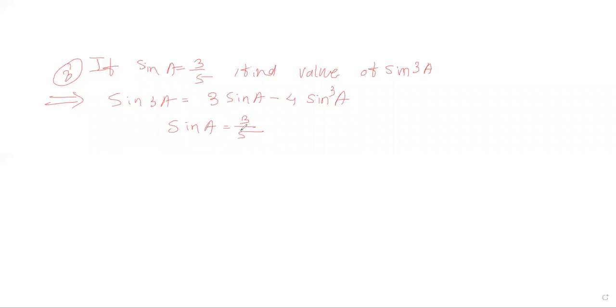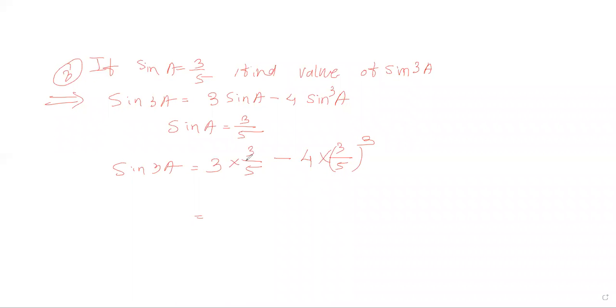Now put in the value of sin A. So sin 3A is equal to 3 as it is, and sin A is 3 by 5, so we are putting in the value of sin A. Then minus 4 times sin cube A, which means 3 by 5 cube. Is this correct?